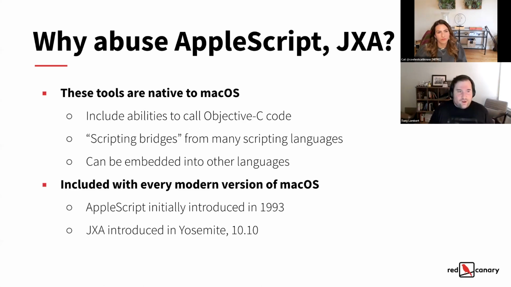bridging projects, where you can use Applescript with Python, call Applescript from Python, call Python from Applescript. You can combine it in all different fashions, and you can embed Applescript into other languages. A good example of this is Visual Basic inside Word documents. One of my gripes with macros on macOS is that you could put Applescript in them.